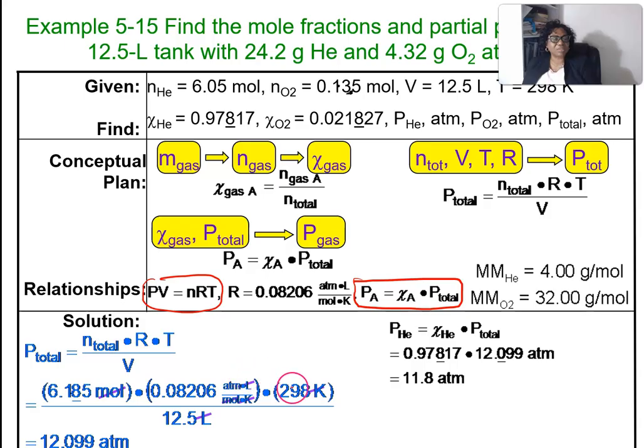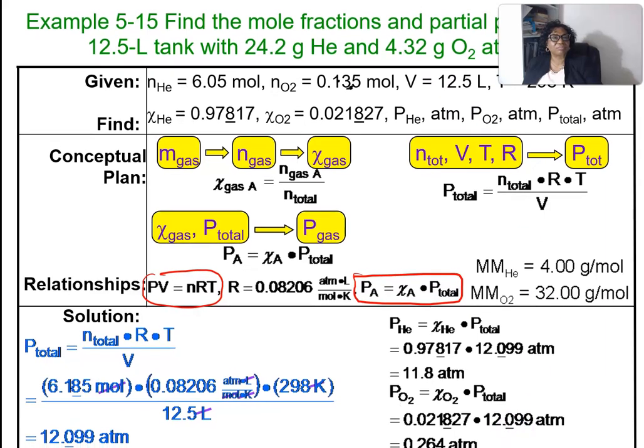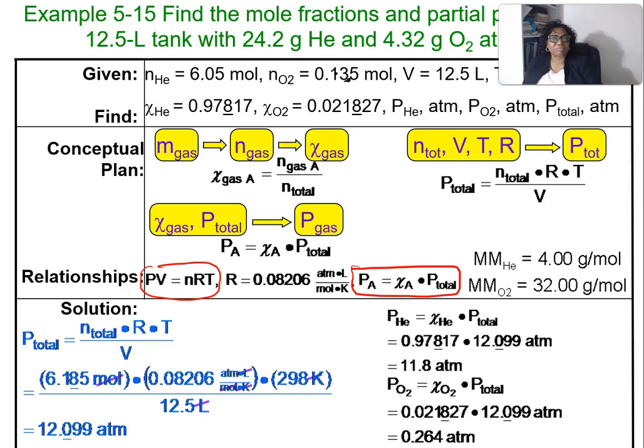So this is the partial pressure for helium, and this is the partial pressure for oxygen. You see the partial pressure of oxygen. You sum these two, you will get this value, 12.099 atmosphere.